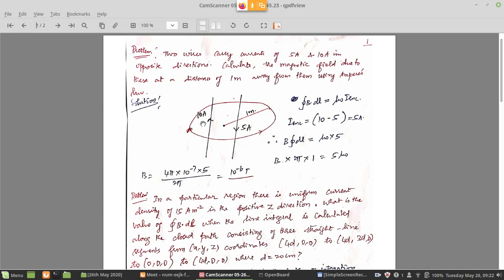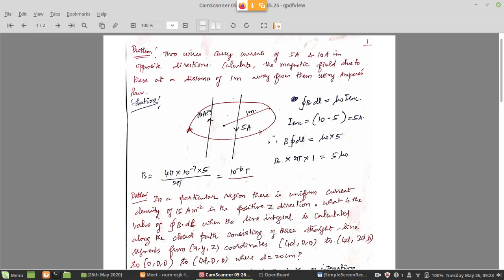All I have to do is draw an Amperian loop, circulating around both wires 1 and 2. Once I draw the Amperian loop, I have to take B dot dl to get B. If it is a circular loop, I know the path length, because if I integrate dl, I will get the circumference of the circle.